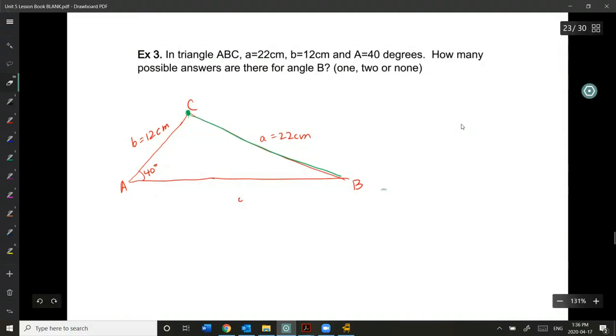The only way that you can figure out if there's none is to do the solving process, but I know that there could be 2 or 0 as long as side A, or the side across from the angle that I'm given, is shorter than the additional side given. Now, if the side across from the angle that I'm given is longer than the additional side given, there will always only be one possible triangle that can be created with that information.